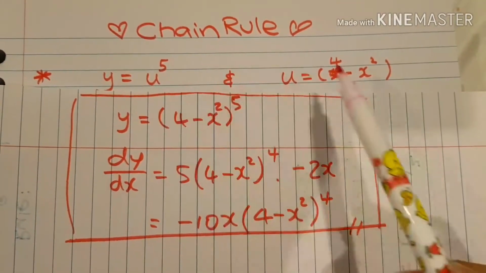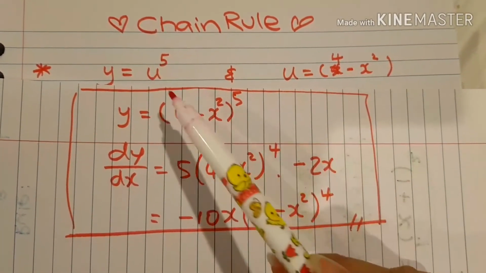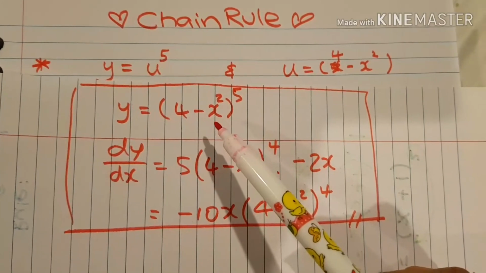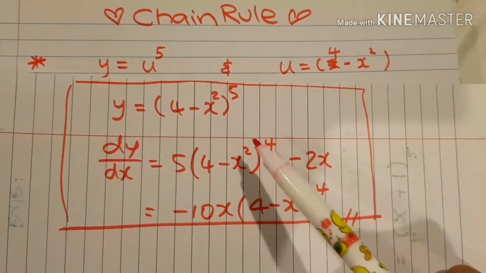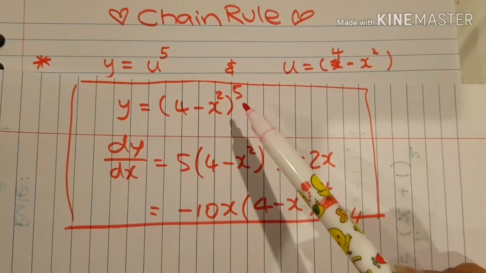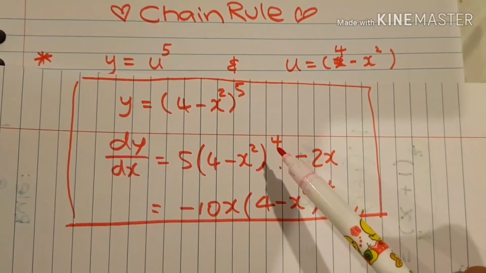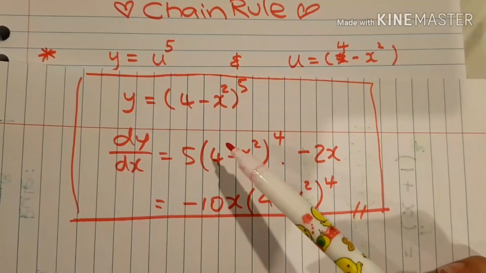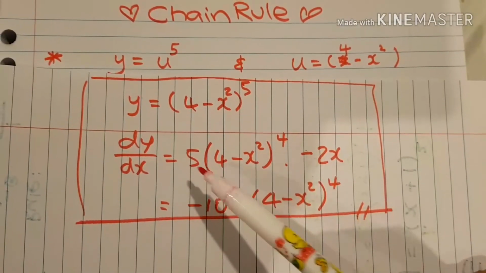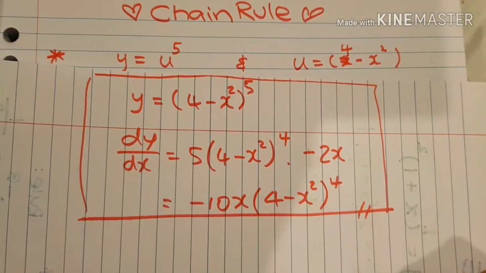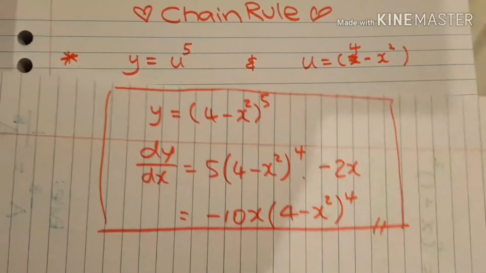So what I've done is I just substitute that value in there like this, and I use the chain rule, pull down the 5, minus 1 from the power, you differentiate what's inside, which is negative 2x, and I'm just multiplying these two, which will be 10x to simplify to get the final answer.